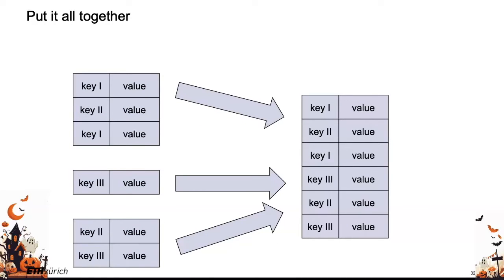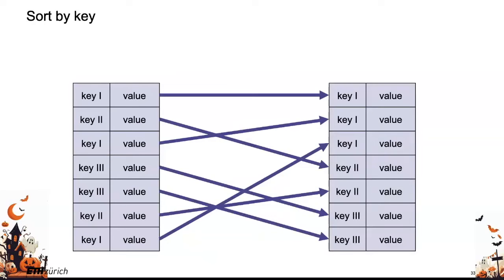Then what happens is that you have all of these intermediate key values that were produced by the mapping phase. You just put them together, get a huge collection of intermediate key values, but just a huge mess. So what you do is you sort them logically, right? You sort them so that all the key ones are together, all the key twos are together, all the key threes are together, and so on, right?